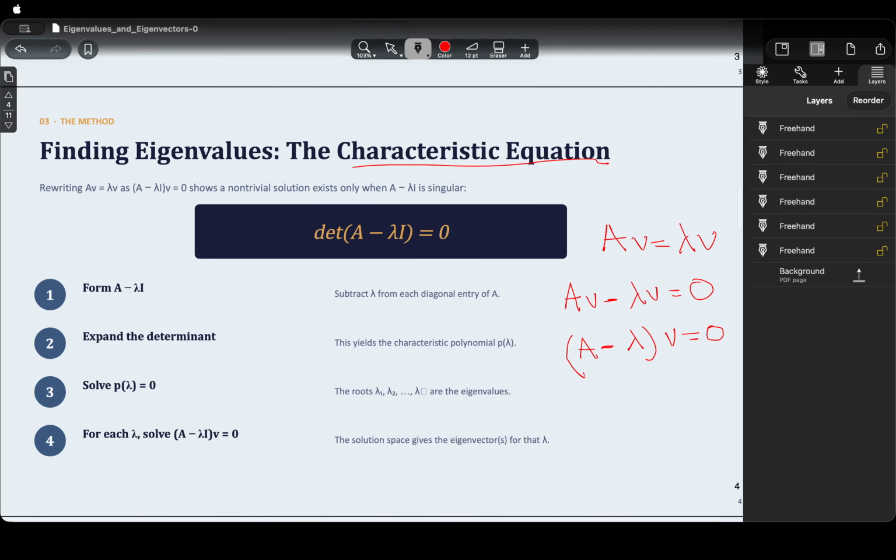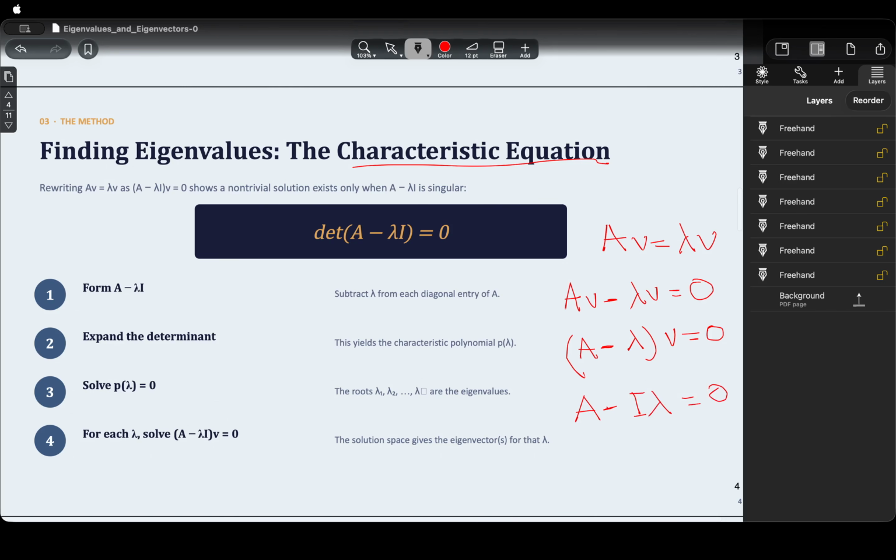You realize that you have virtually two equations here. V equal to 0, or A minus lambda equal to 0. And I can write this, which shows a non-trivial solution exists: A minus the identity times lambda, you still get the same thing, A minus lambda I equal to 0.